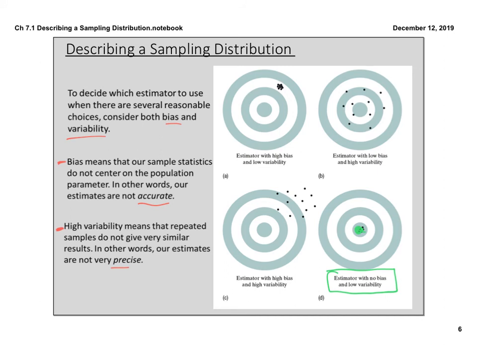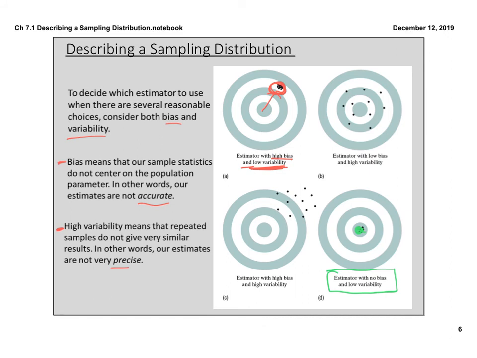If you have an estimator with low variability, meaning the data is all clumped together, but high bias, that pushes your data out away from the center. So it's good to have low variability because your data is close together.